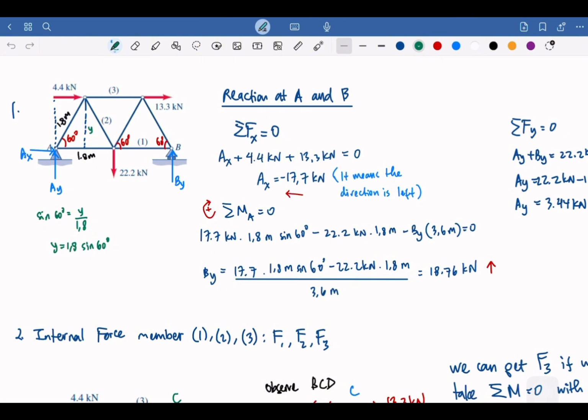Okay, of course, I started out with the Fx because I believe that is the easiest way to find it. But actually, you can start from here or here. Maybe if you start from Fy equals 0, you will stop here for a while, go back here, oh, we get something here, and then go back here and take the sigma moment with respect to A. And remember, we have options.